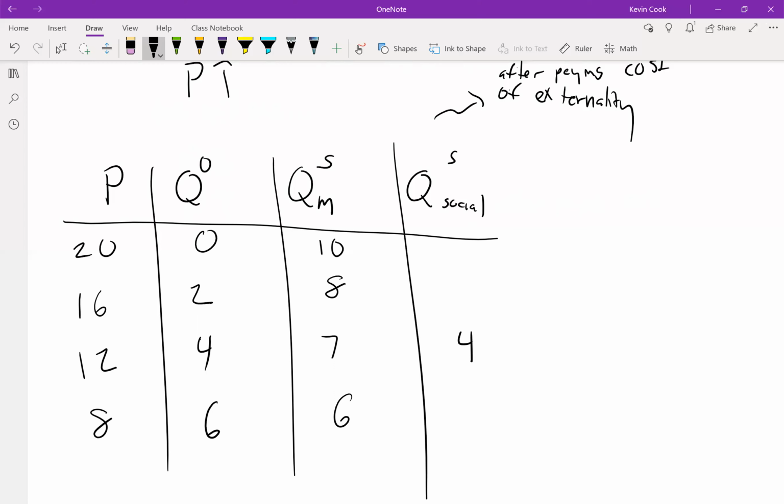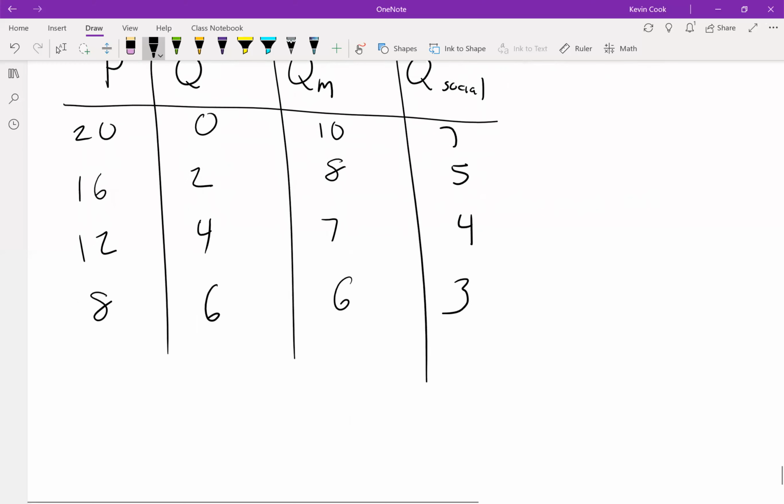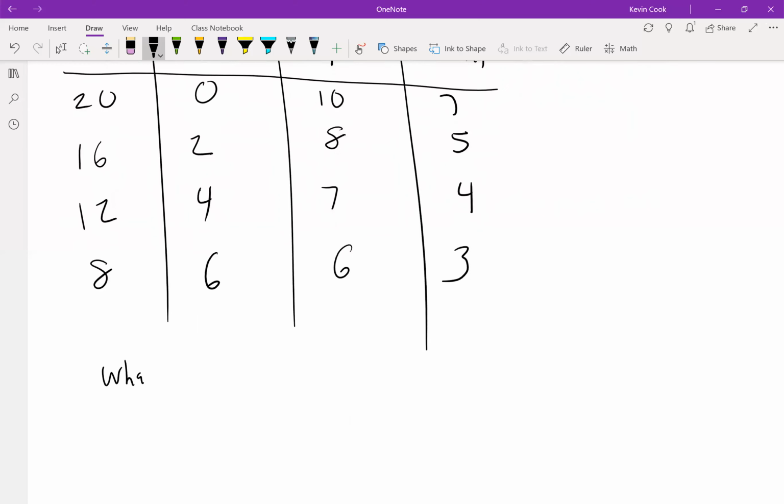Our social supply will come up here, say it's 4, 5, 7, and 3. So in this case, we can be asked, what is our market equilibrium?